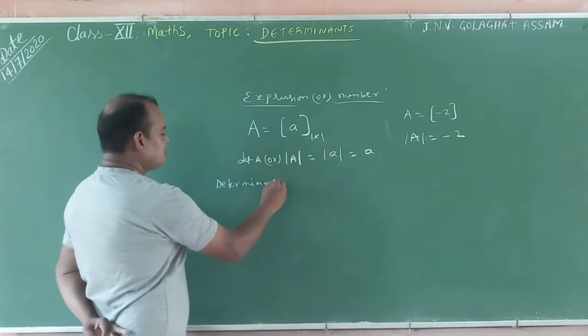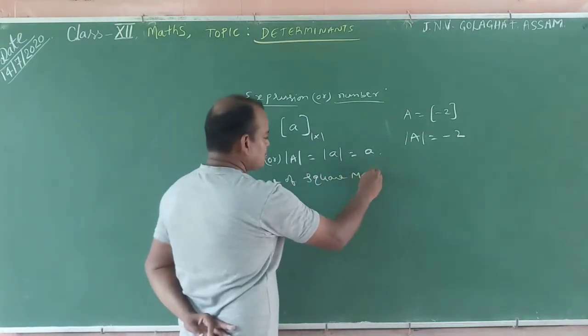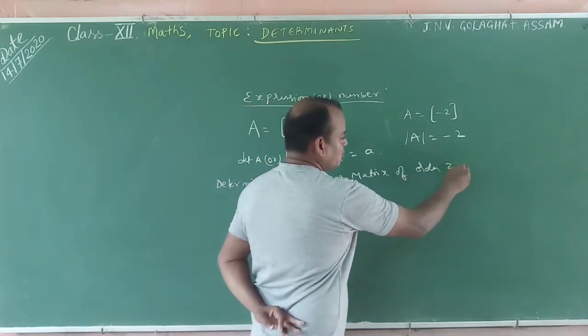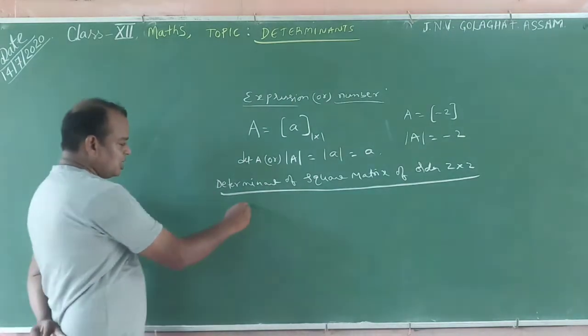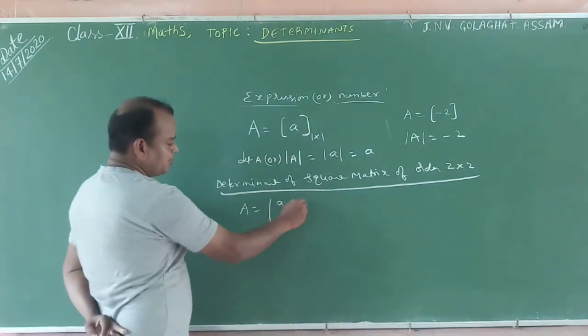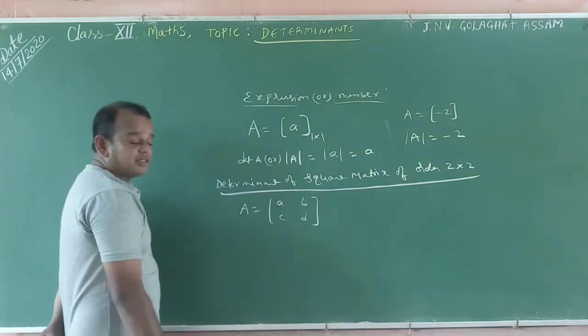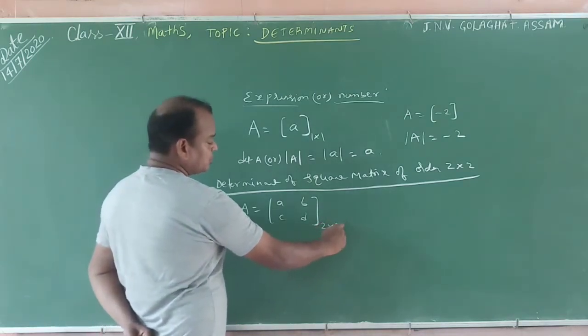Determinant of a square matrix of order 2 by 2. Suppose A = [a, b; c, d] is a square matrix of order 2 by 2.